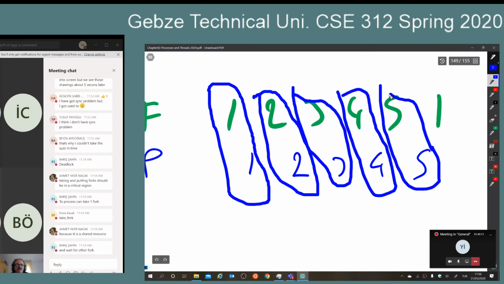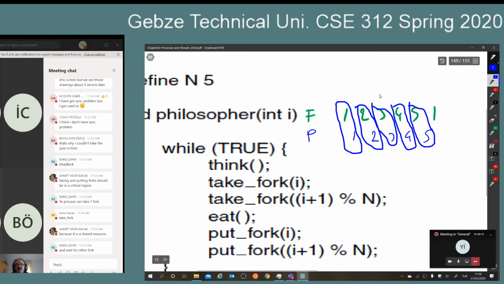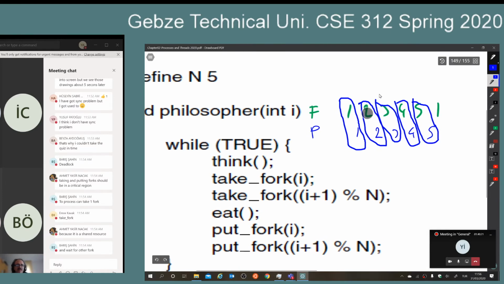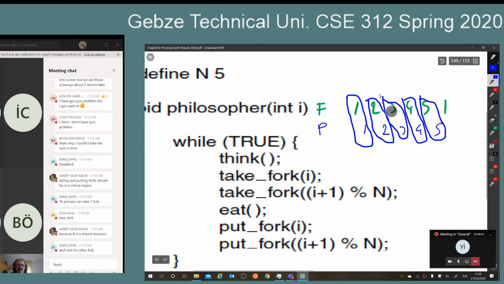These are the switches that are happening. And then a switch happened. Process number 1 is trying to take fork number 2, but it cannot. It waits. Process 2 is trying to take fork number 3, but it cannot, it waits.